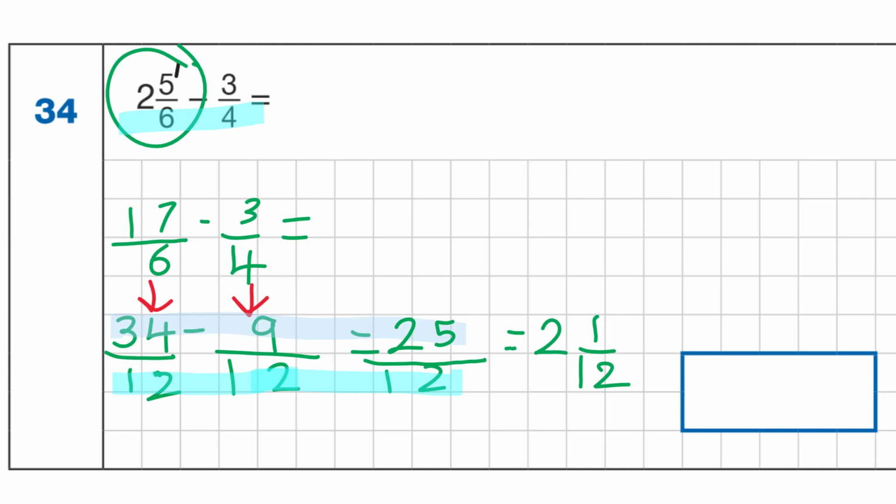Okay, so like I said before, if you don't know how to convert between mixed numbers and improper fractions, do check out my calculations, my number fraction SATs ebook. So my final answer is 2 and a half. Not a half, 2 and a 12th. 2 and 1/12.